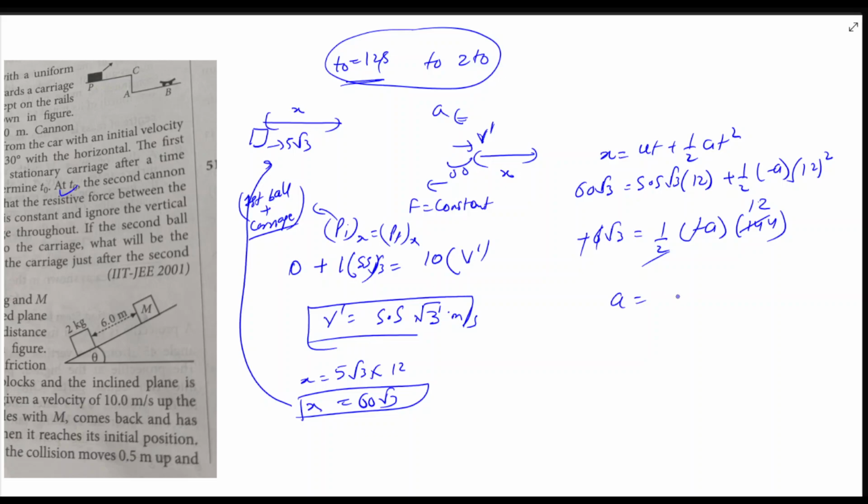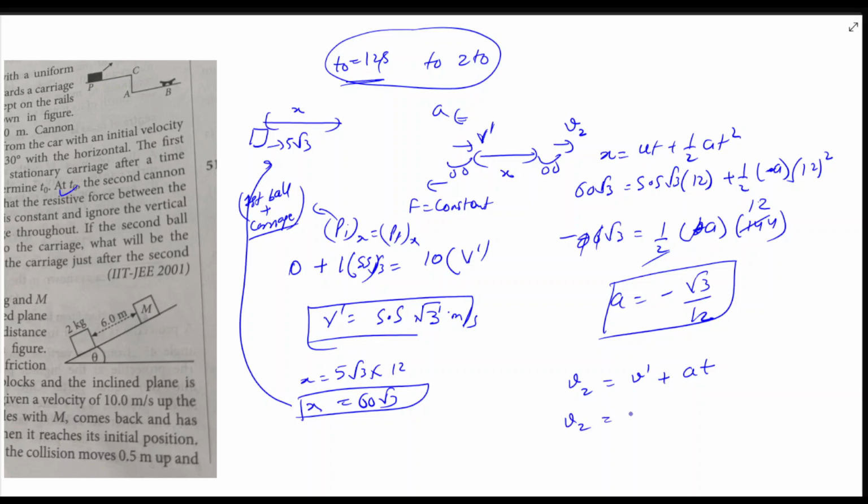So we have acceleration will come out to be, of course, acceleration will be negative. So if you just put it positive, we'll get the negative acceleration, right? So it will be root 3 by 12. Yes, so acceleration will be root 3 by 12. Now, let's say this carriage has moved here and it is now moving with the speed of v2. So let's find v2. So v2 will be v dash plus at.